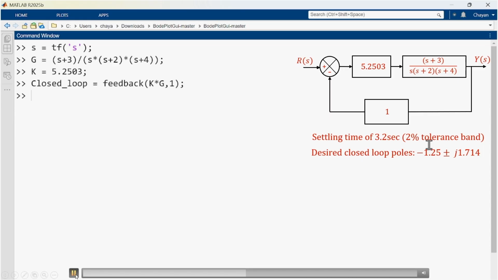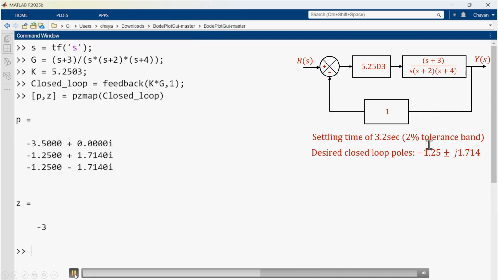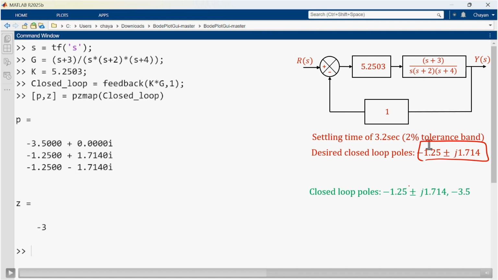Now we will find the closed loop pole locations. They are at minus 1.25 plus minus 1.714, which is exactly what we desired. So, 2 of the closed loop poles are correctly placed.